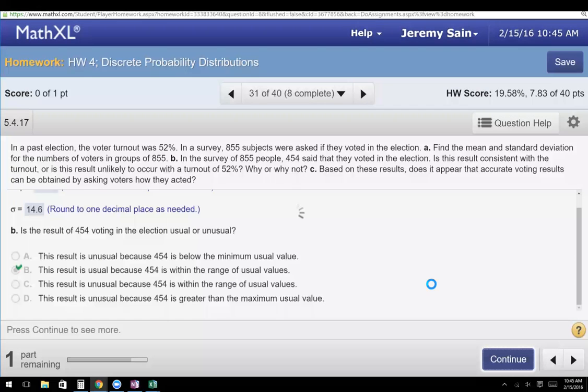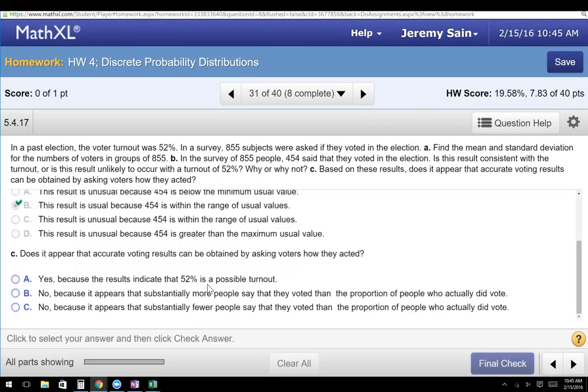Well, there's more to this problem. Does it appear accurate voting results can be obtained by asking voters how they acted?